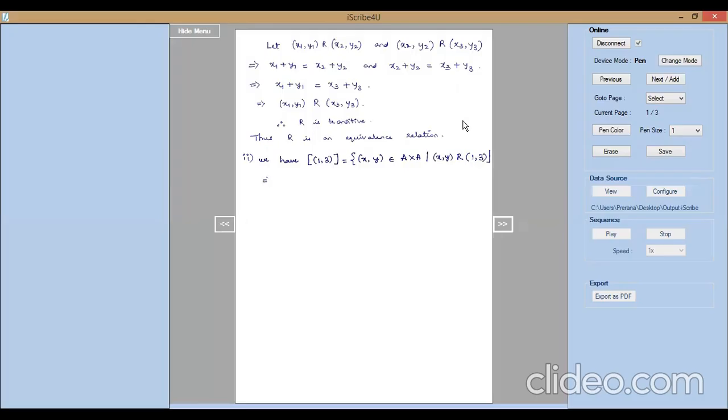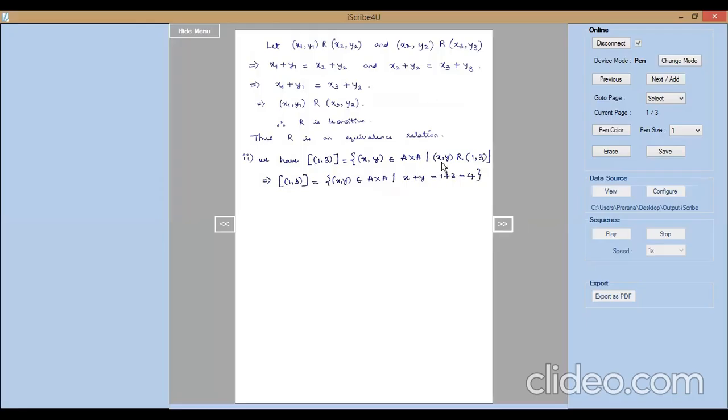So this is one and the same as writing: the class of 1, 3 is x, y belonging to A cross A such that x plus y is equal to 1 plus 3, which is 4. This is our definition.